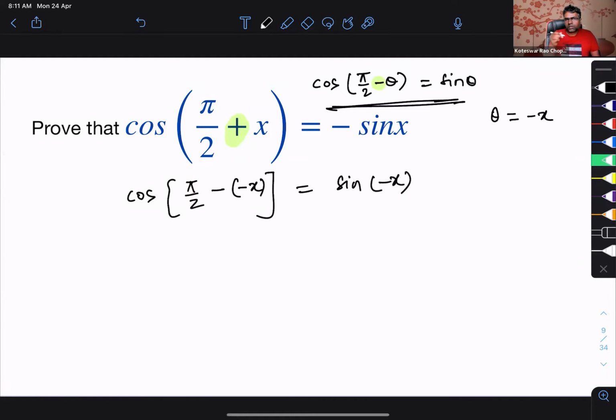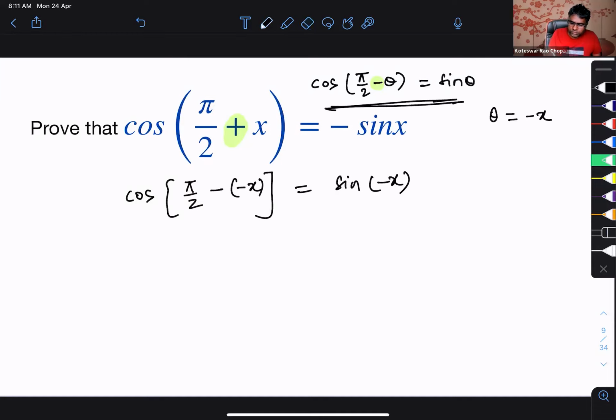But you know, sine of minus x is minus sine x. So that is how we get this result. So cos of pi by 2 plus x is almost the previous result, but whenever you are going towards sine, there is a minus sign here.